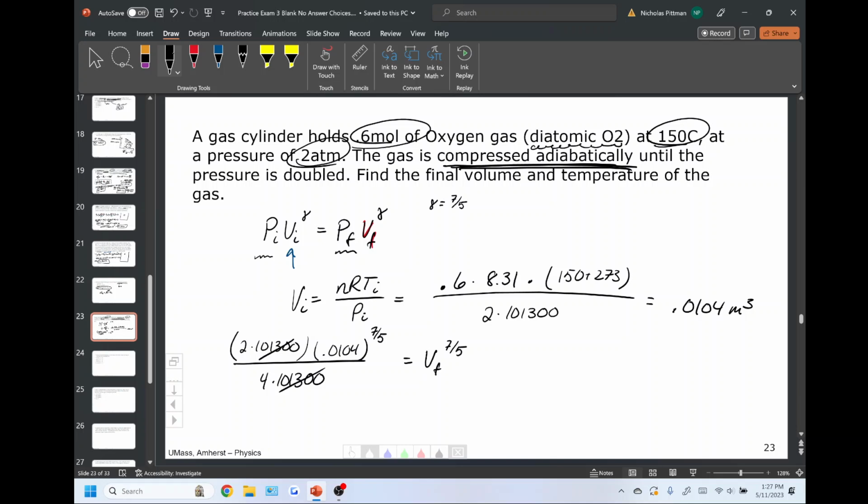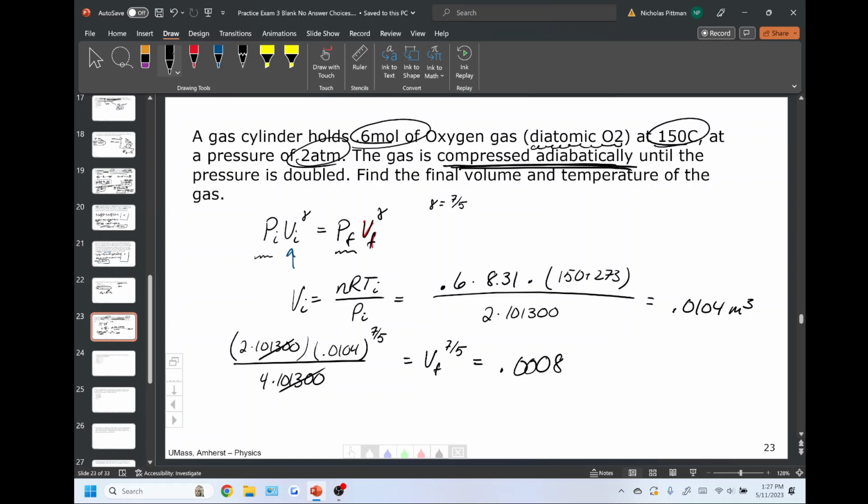If you do to the 7th power and then divide by 5 after, your calculator doesn't know what's going on. Okay, 2 times that to the 7/5 divided by 4 gives us VF to the 7/5 is 0.0008.